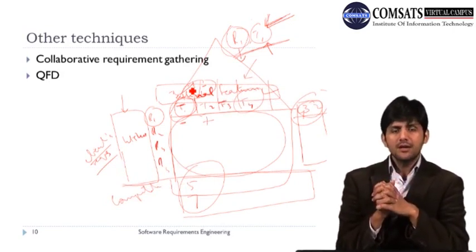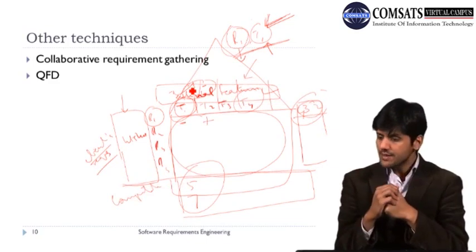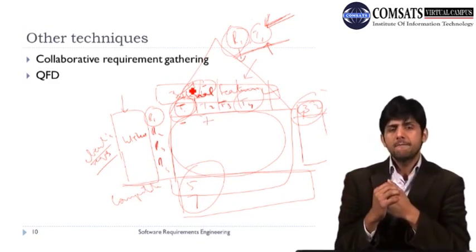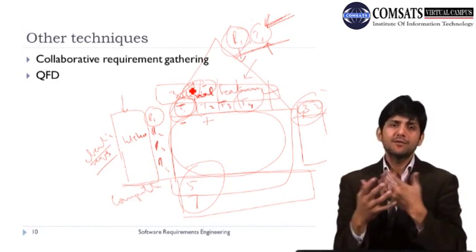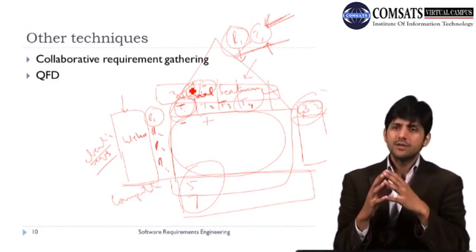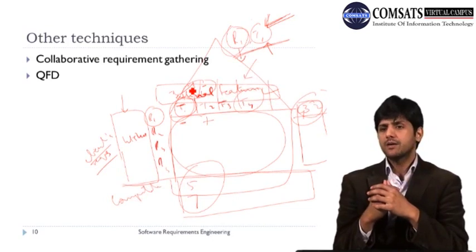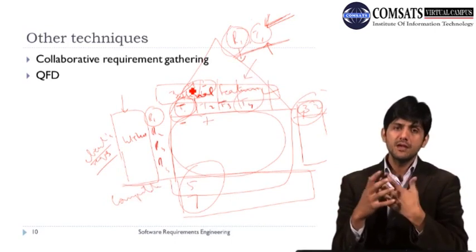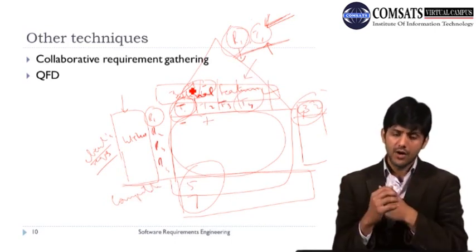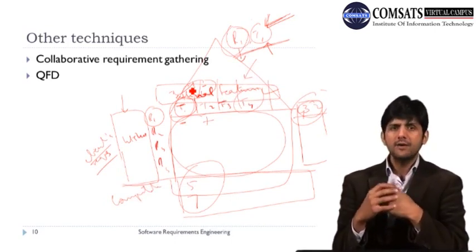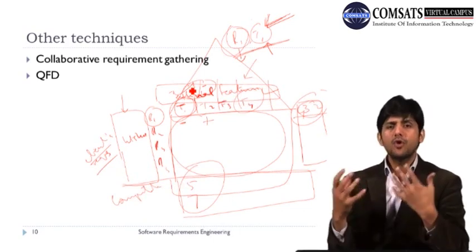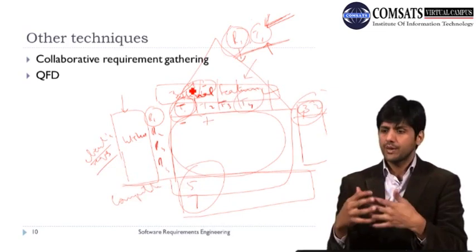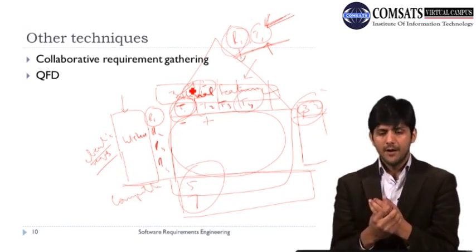What I would ideally want to do in the next lecture is also share with you what is the state of the art in this field. There are lots of new interesting techniques that have been developed by different researchers, which they think are more feasible for eliciting requirements. In our next lecture, we are going to talk about those techniques, how researchers approach this problem, and what kind of new techniques they have suggested.